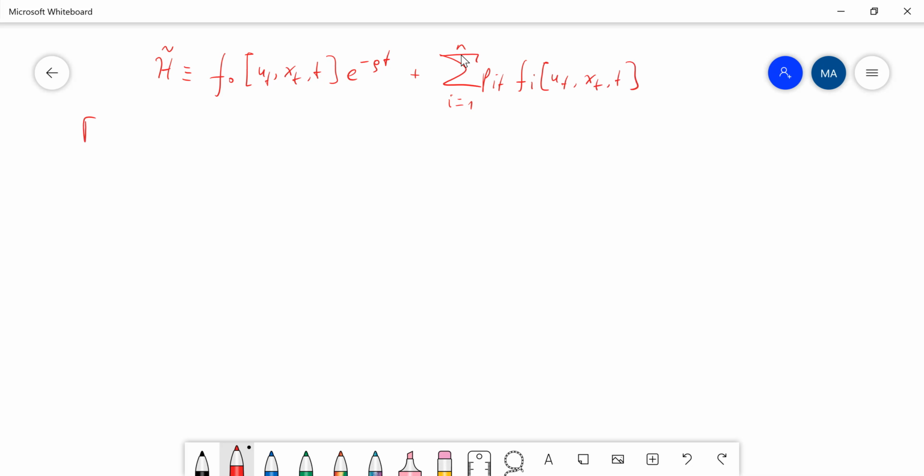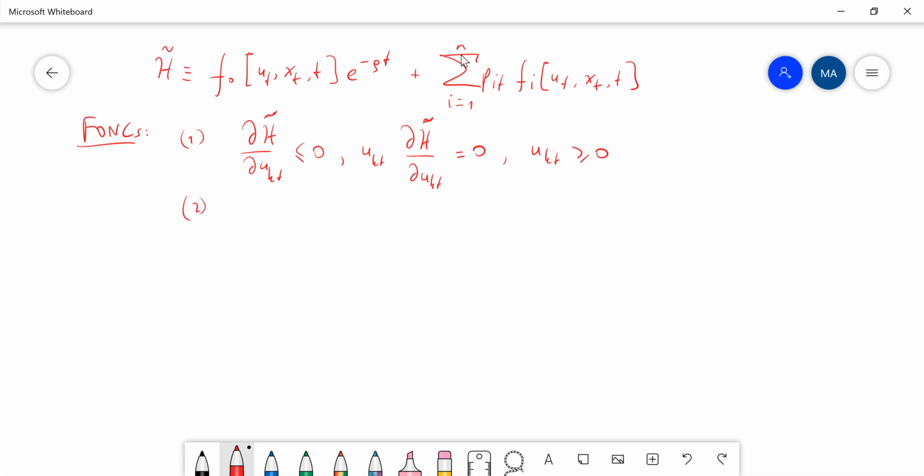Okay, so the first order necessary conditions are: first we have the derivative of the Hamiltonian with respect to the control variables, satisfying that: the derivative with respect to u_k equals 0 (or u_k greater than or equal to 0).